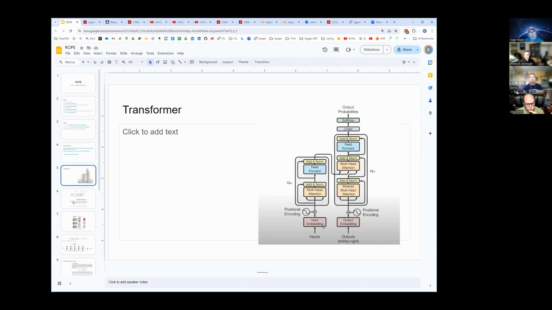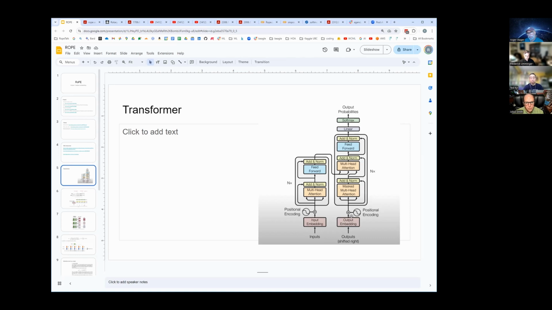So, a quick background on transformers. This is the first image out of the Attention Is All You Need paper. We've been through this a number of times, but it shows the original architecture with both encoder and decoder. Most of the models we look at these days are decoder only, so only the right-hand side.